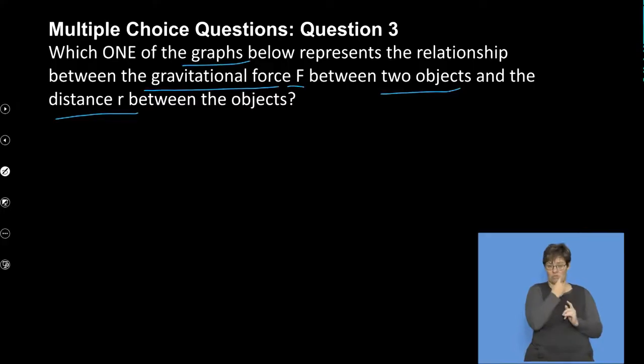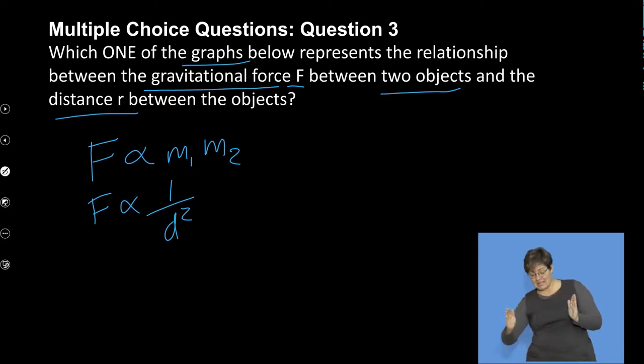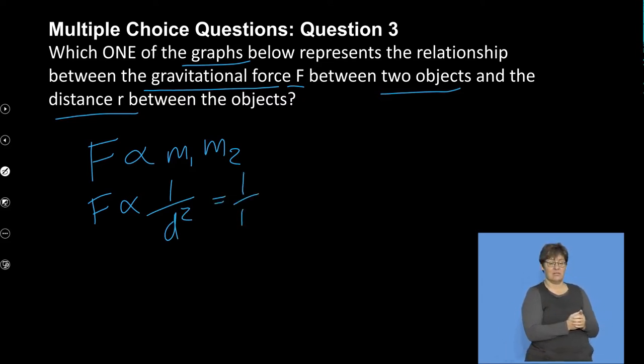And so I need to recognize that force is directly proportional to the product of the masses, and force is inversely proportional to the square of the distance between the objects. And I can write that like that, or I can write 1 over r squared.